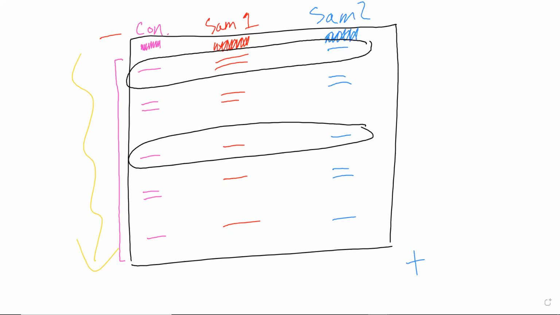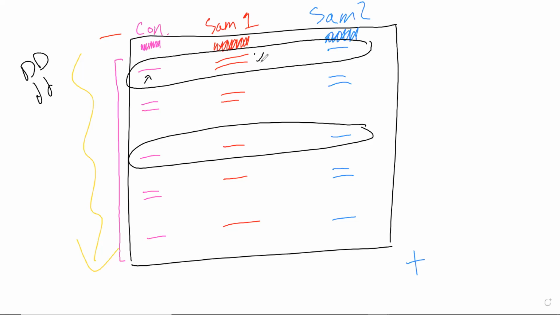But still, each separate part is a trait. And how do I identify the alleles of each trait? I look at the lines. Each line represents an allele. If there's only one line, like this one, that one, it's homozygous, meaning it has either two dominant alleles or two recessive alleles.